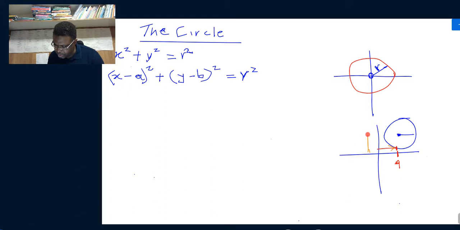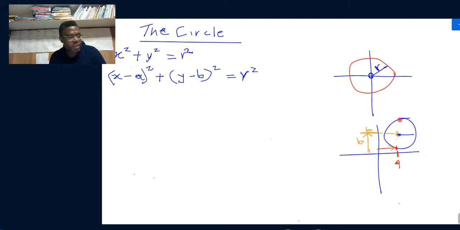This new point is the center, and it moved up by b. So this is b here. That is why you will find a circle like this.